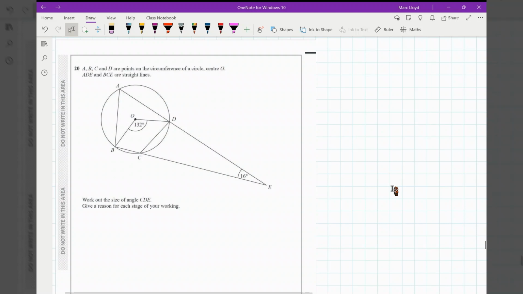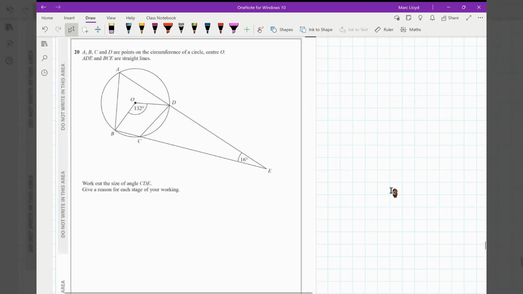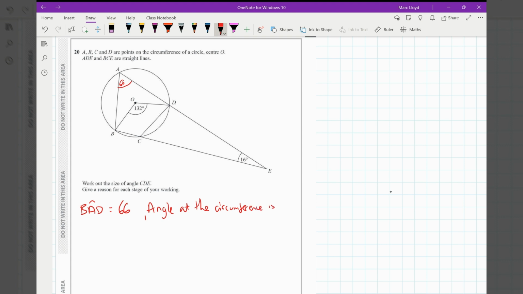Question 20. So we've got circle theorems. For our first one up here, BAD is equal to 132 divided by 2, 66, because the angle at the circumference is half the angle at the middle or the center.